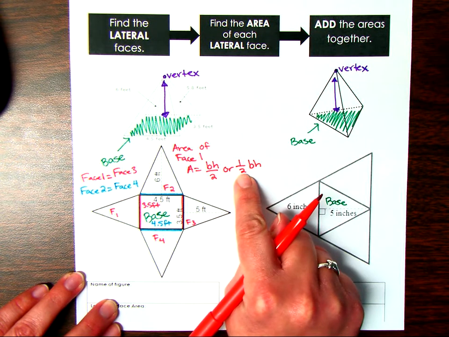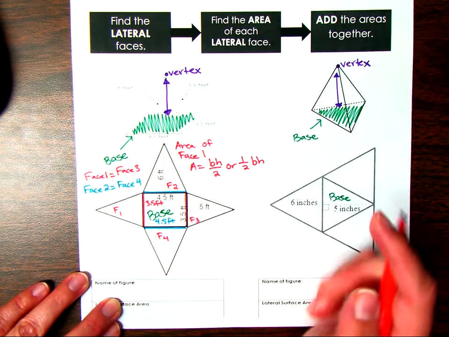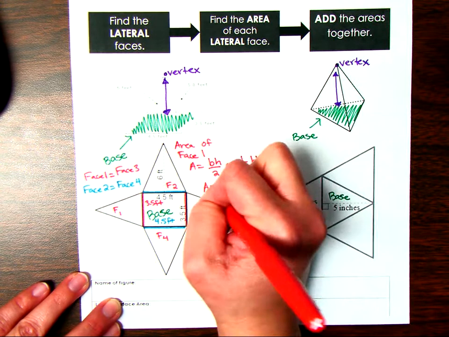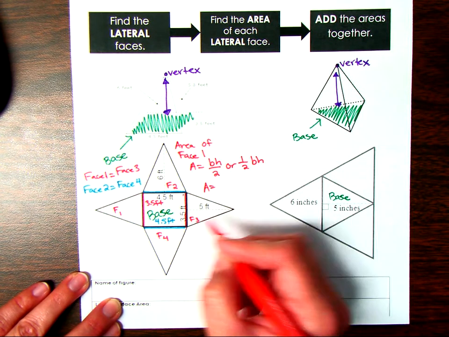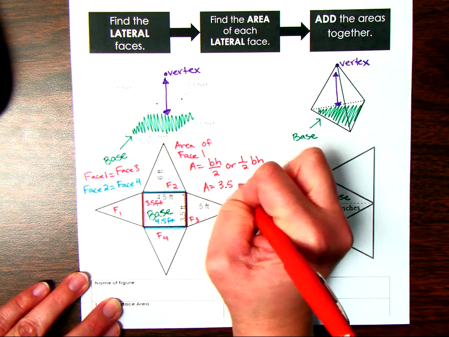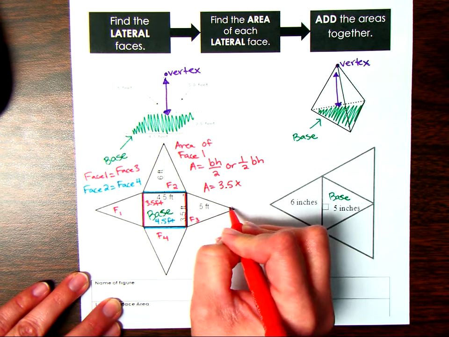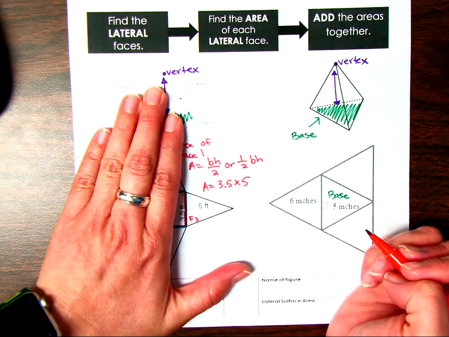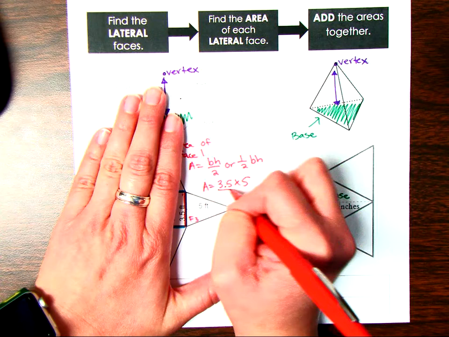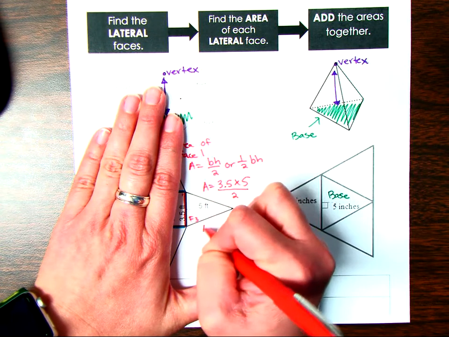Remember, multiplying by 1/2 is the same thing as dividing by 2. The base of face 1, or even face 3, because they're the same, is 3 5/10, and the height of that triangle is 5 feet. So you're looking at one face at a time. So base times height divided by 2.